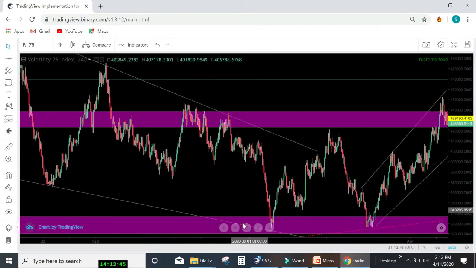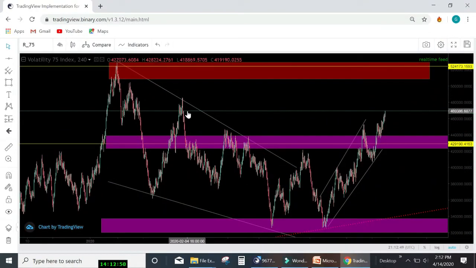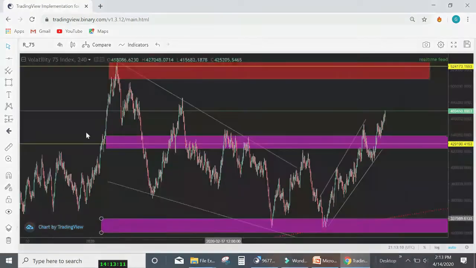We have to wait and see how the price moves. So if the price breaks out this resistance line, then we can say it will touch over there, or we have to wait. When it breaks this, then it will break this one, and then it will also break that other one, the highest resistance line.